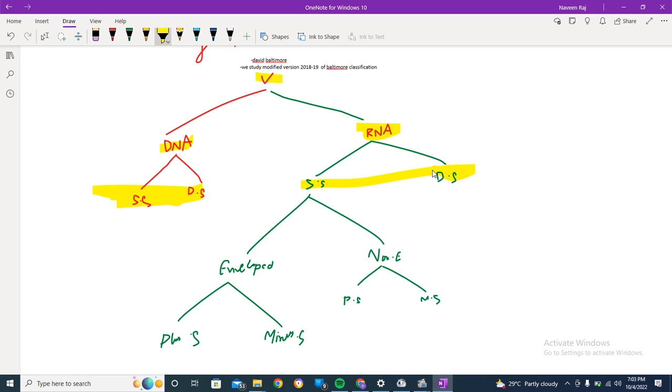Do remember that all are quite simple except RNA single stranded. Only RNA single stranded has further classification: one is enveloped and the other is non-enveloped. Both of them are then plus stranded or minus stranded. So we have two groups, enveloped and non-enveloped, and furthermore they will each have plus or minus. I hope you got clear about it.